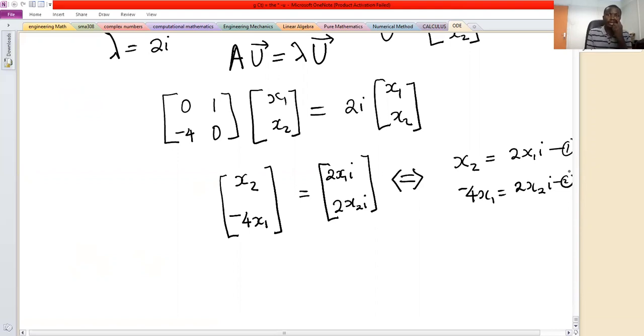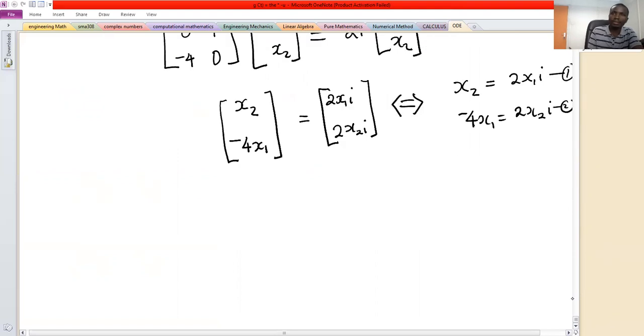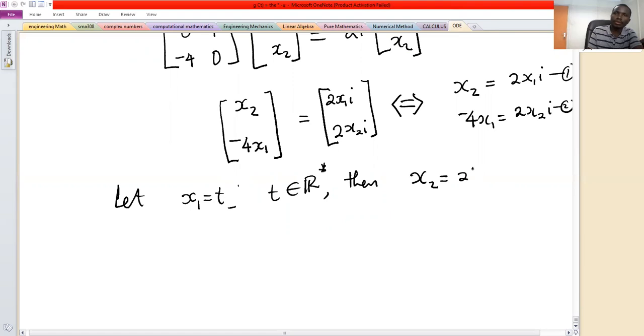We should be able to see that equation 1 and equation 2 define the same thing, are similarly the same equation. So if we let x1 to be t, where t is any non-zero real number, then x2 will be 2ti.